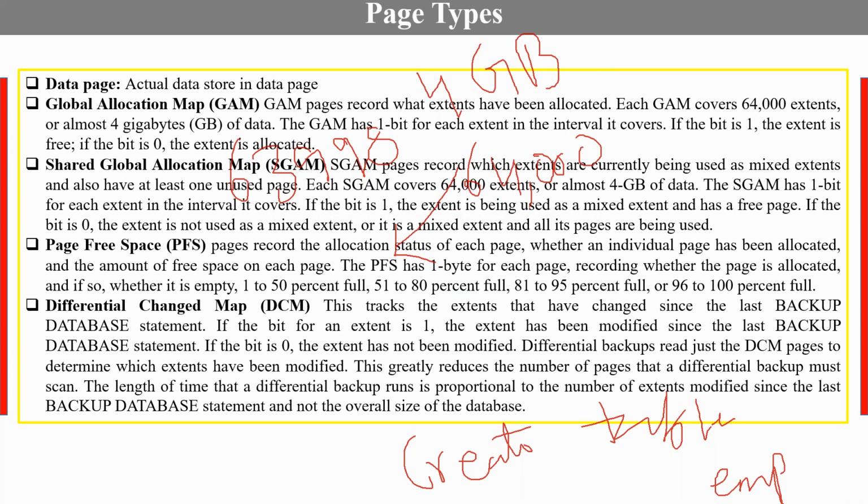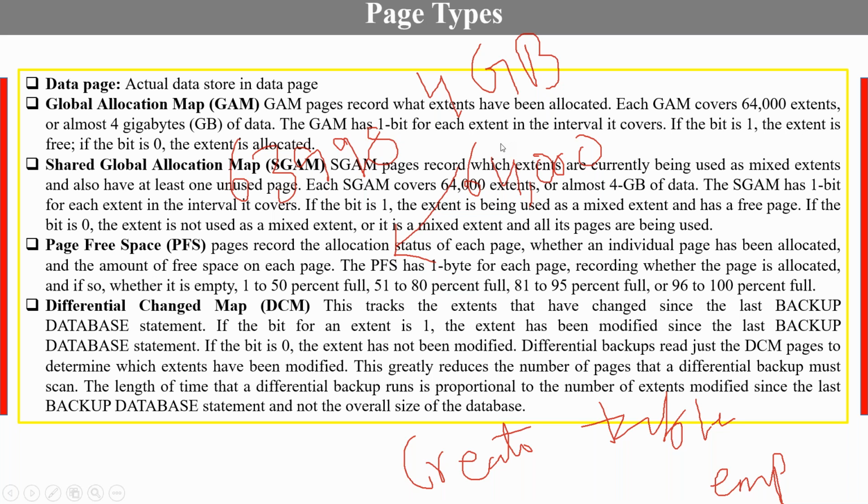GAM page size is 4 GB. It contains 64,000 extents. How does SQL Server know that this extent is occupied with some data and this extent is free? Internally, SQL Server uses a one-bit algorithm. The GAM has one bit for every extent.